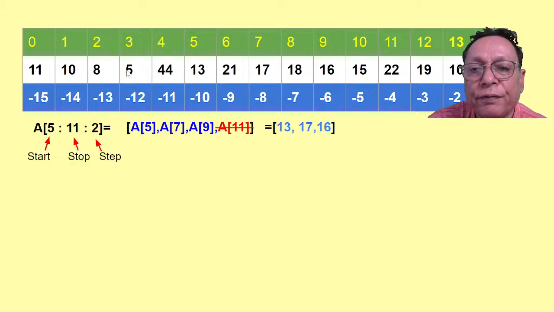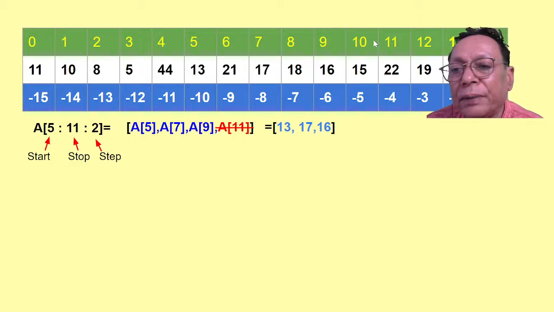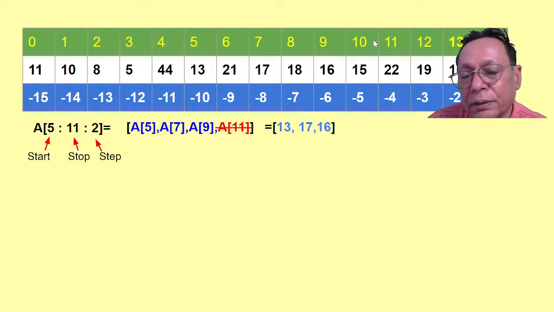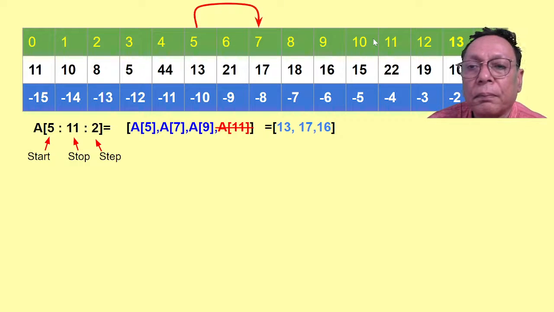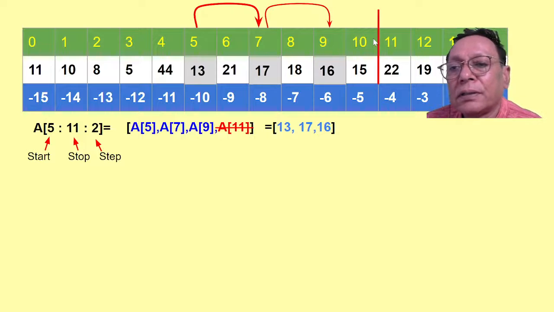After index 5, a gap of 2, then 7, then a gap of 2, then 9, then a gap of 2, that is 11. So 11 will not be included, and that is why you will get 13, 17, and 16. 5 to 7, 7 to 9, and 9 to 11.